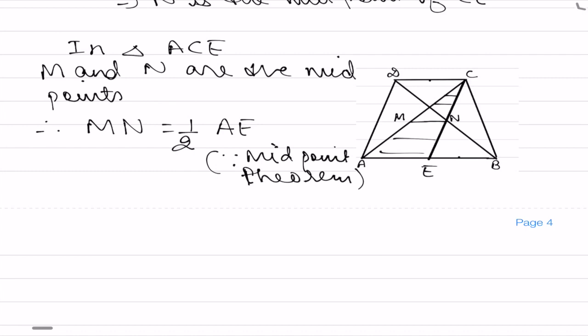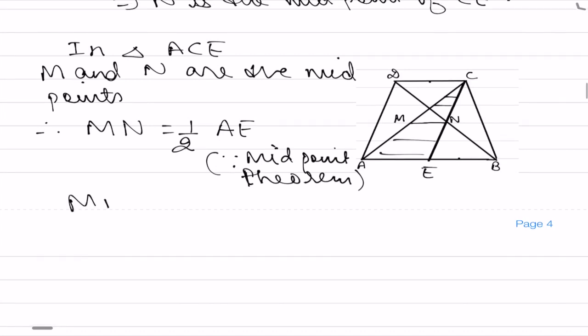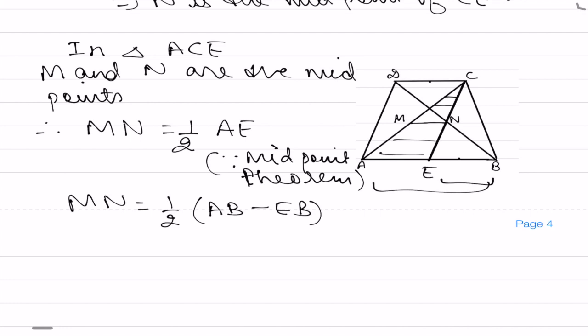Here, how to get AE? AE is AB minus EB. So we will replace AE with AB minus BE. And we know that EB equals CD, as we have proved earlier by CPCT.